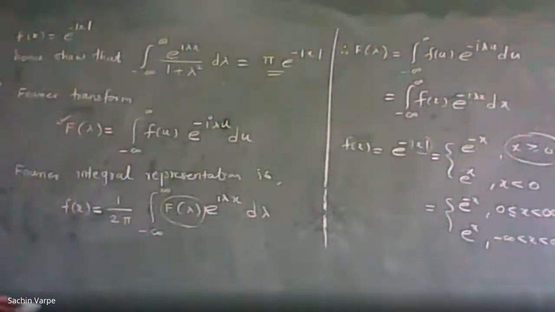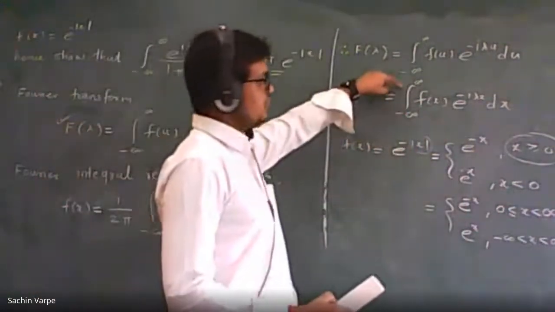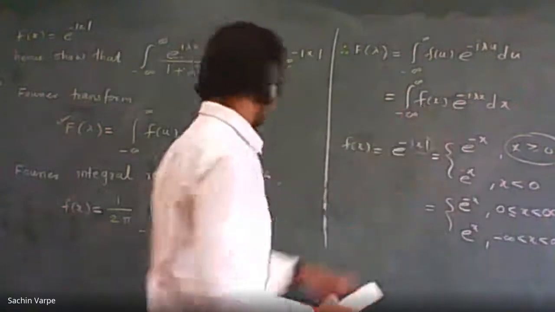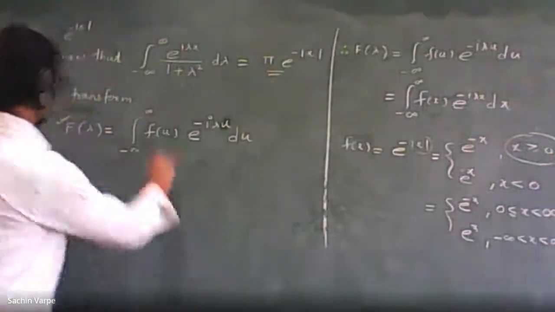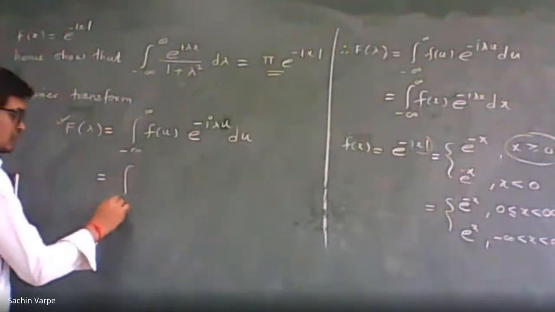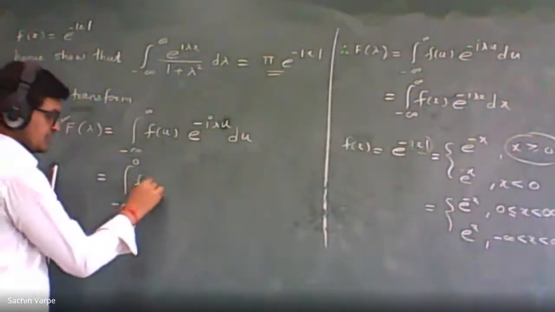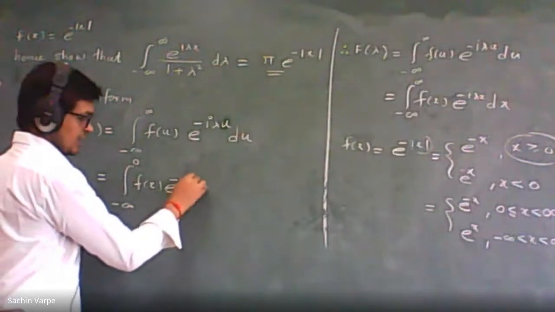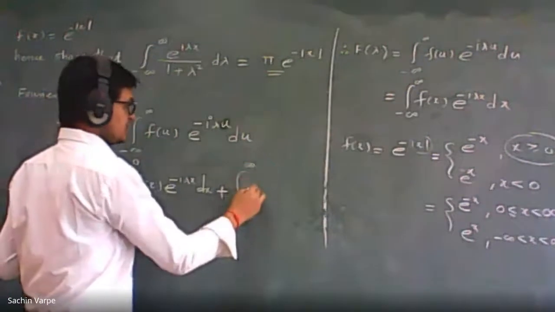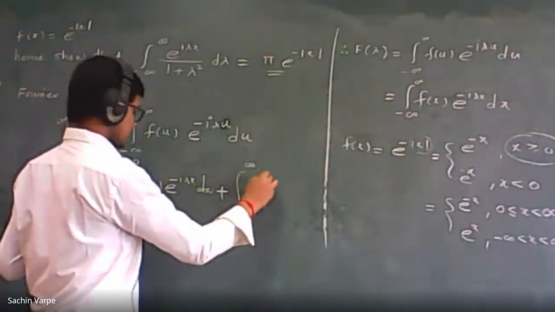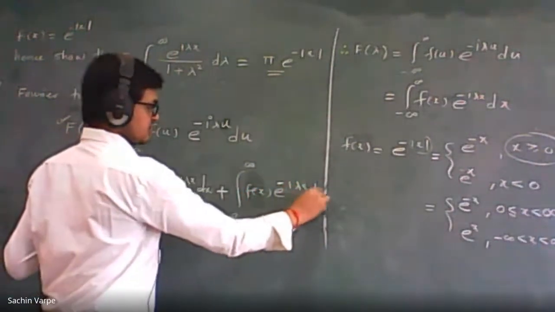All right. So let us substitute these two functions here. We have to split this interval minus infinity to infinity according to the function, according to our requirement. Therefore, this F of lambda will be the integral from minus infinity to 0, all right? f of x e raised to minus i lambda x dx plus the integral from 0 to infinity f of x e raised to minus i lambda x dx.